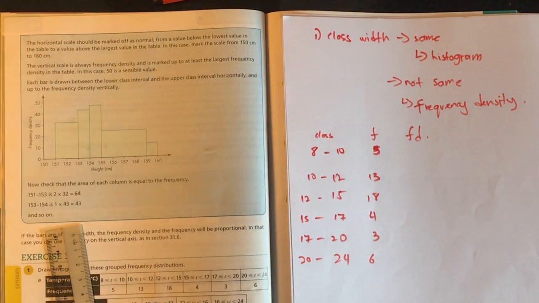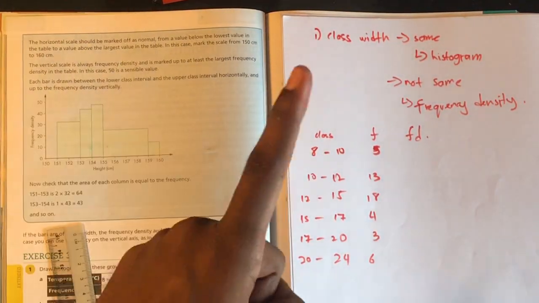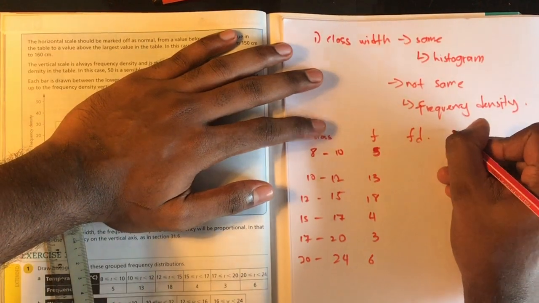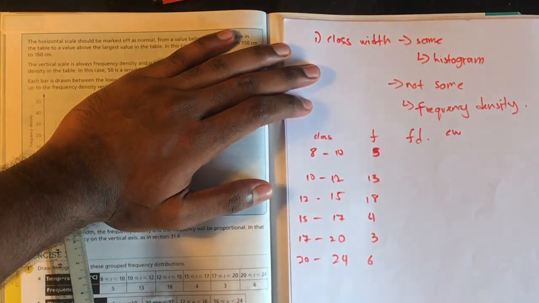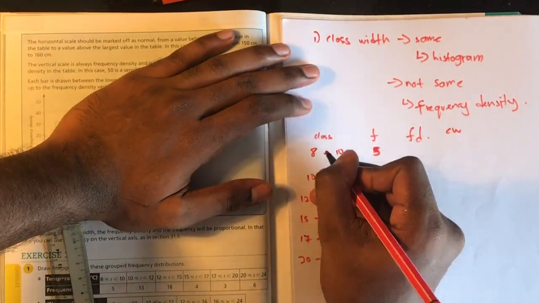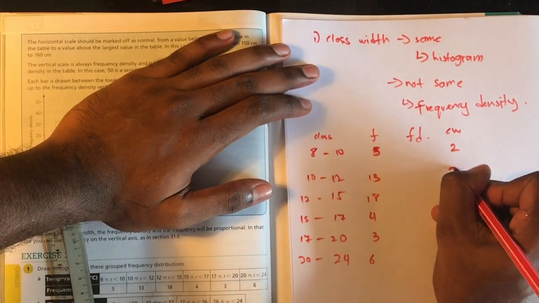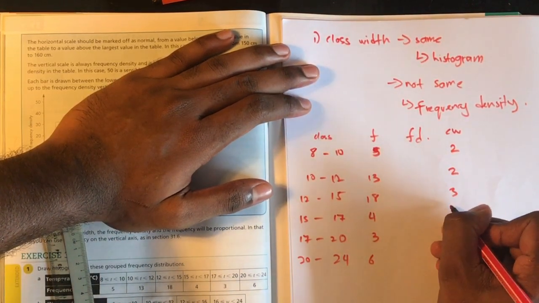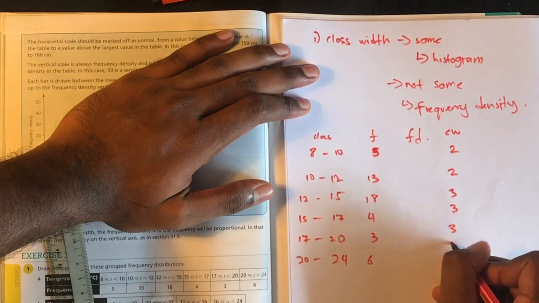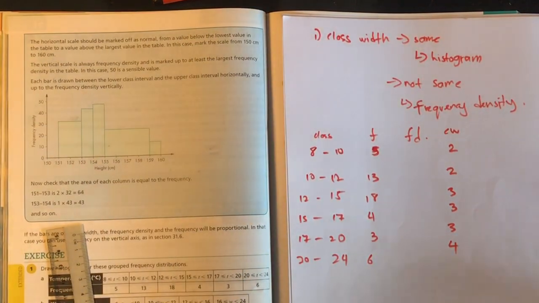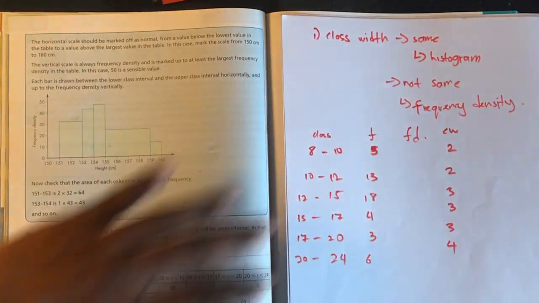To find the frequency density, you need to find one extra thing: the class width. For 8 to 10, it's 2, then 2, 3, 3, 3, and 4. I'm going to write in a different color.